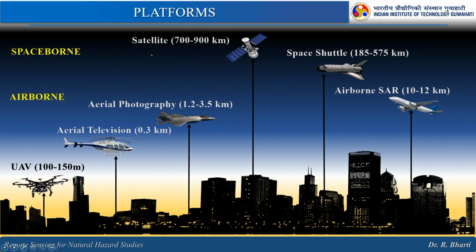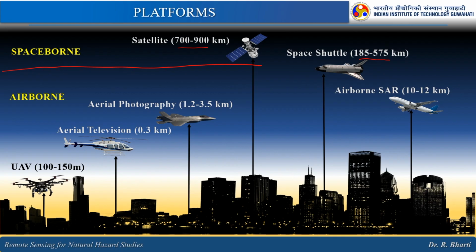Space-borne means the sensor is located in space. The typical altitude of the satellites is 700 to 900 kilometers. Here you have 185 to 575 kilometers. So this will be referred to as space-borne measurement.